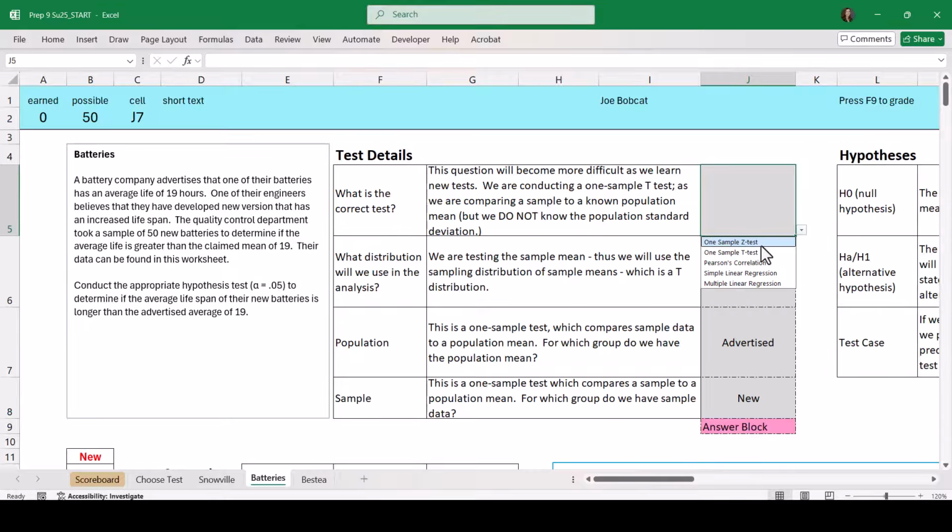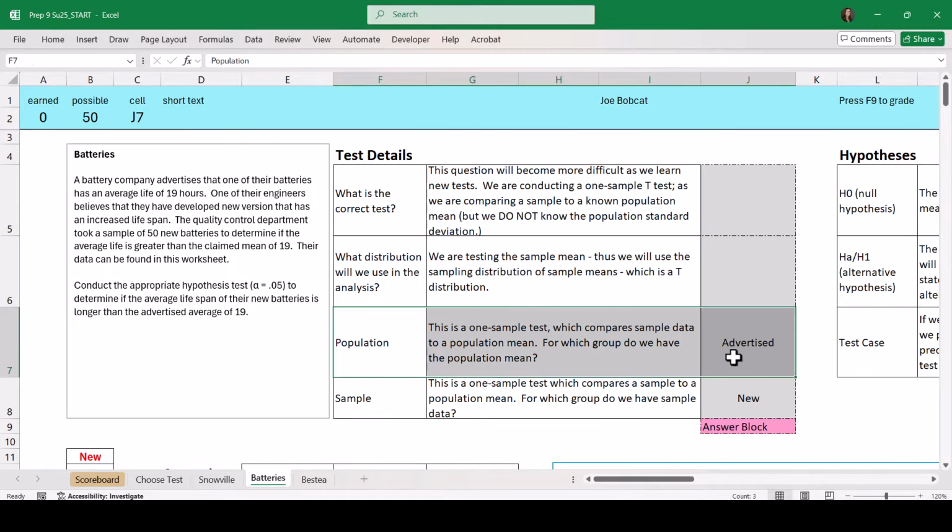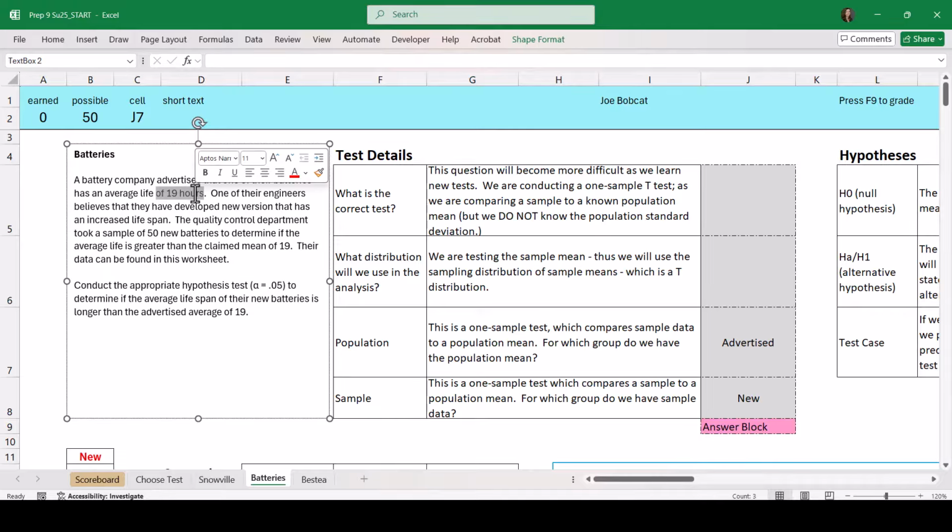Now we need to determine if it's a z-test or a t-test. And remember, the difference between a z or a t-test is the population standard deviation. So do we know the population standard deviation for the advertised lifespan? We do not. They gave us this population mean of 19 hours, but they have not provided us with a population standard deviation.